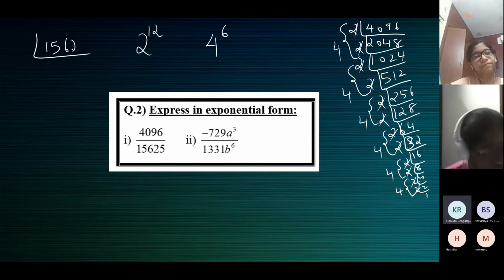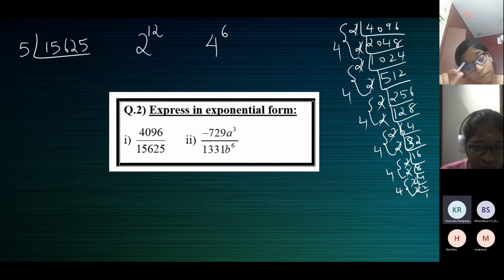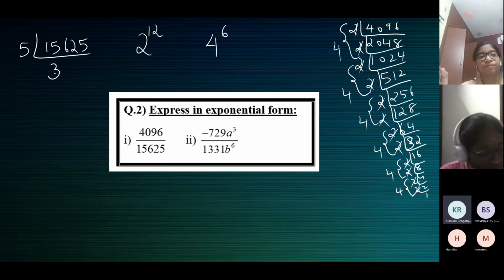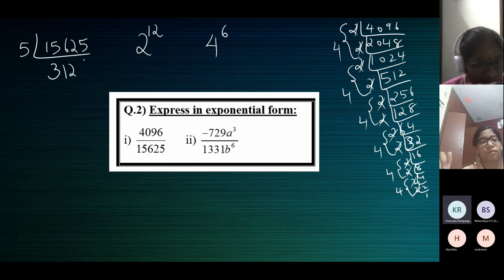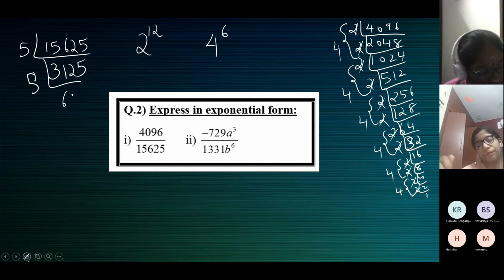Okay, 15625. Let's work that. It's not divisible by 3, so 5. 3125. Then 625, ma'am. And 125, ma'am.